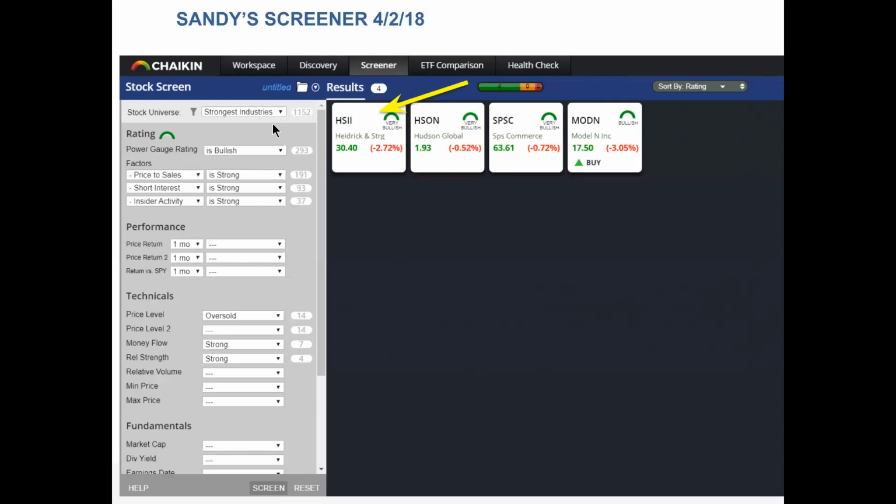So what I do is save this criteria. I only want to look at a stock universe of strongest stocks. The research shows that if you invest in strong stocks in strong industry groups, they're likely to outperform the market. So you might as well go with the strongest industry groups. And the screener, by selecting that, will only give you the top 20%.